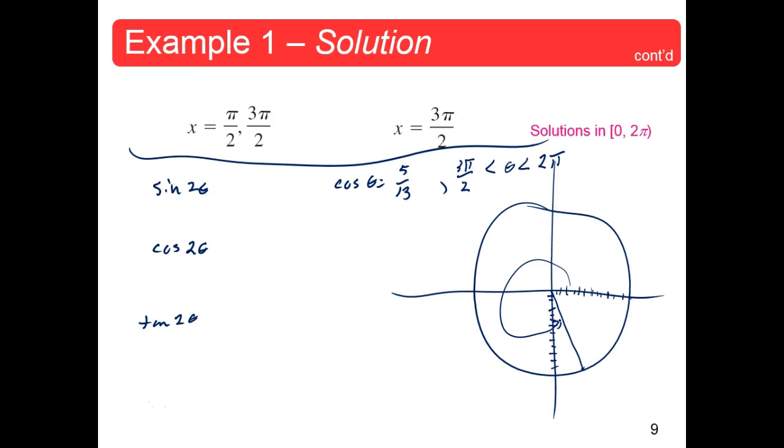I use the reference angle theta to get us there, but that would be about the angle. Cosine theta is that. So my question then is, how do you get sine 2 theta?